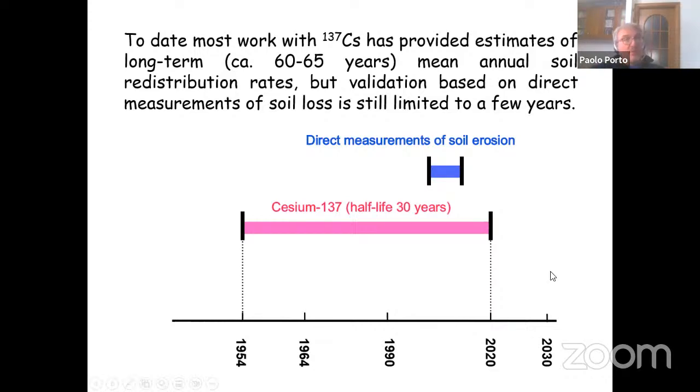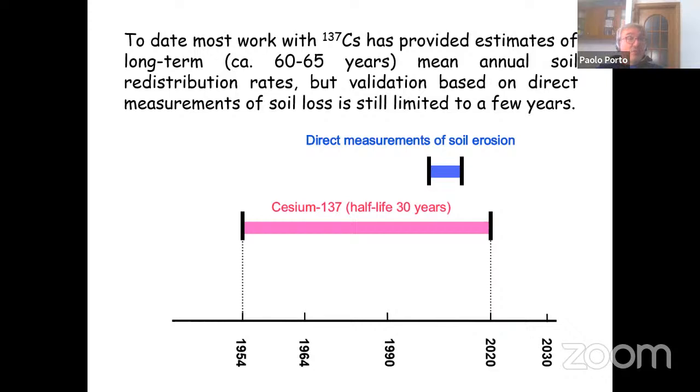So many people compare this estimate with this estimate for a shorter time period, because we don't have other, longer term estimates. So sometimes it's necessary to have longer term data sets of measurements, okay, in order to make this comparison possible.